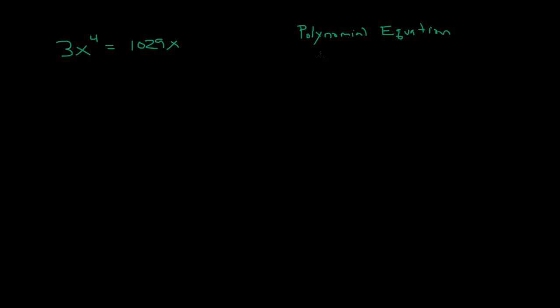Now the thing is, you're going to attack this like you would a lot of other types of equations. You're going to try to factor it, maybe use the zero product property.